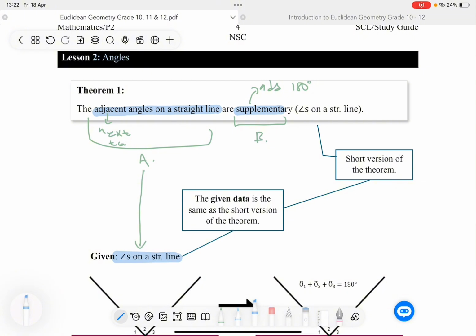Now, when you look at the A part of the theorem and also look at the short version of the theorem, these two are exactly the same. We write them in exactly the same way. This is to say that the short version of a theorem takes the A part of the theorem. So both of them are exactly the same thing.